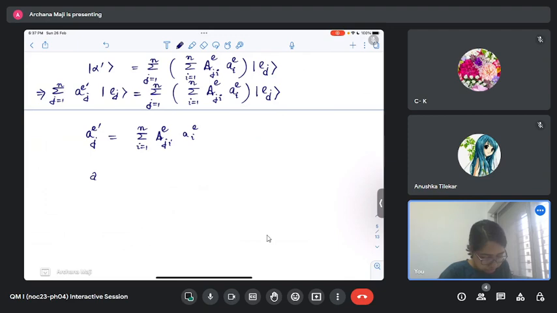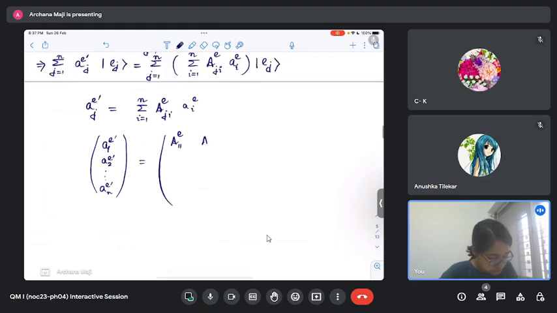So this is like A1 in E basis primed, the operator expressed in E basis.